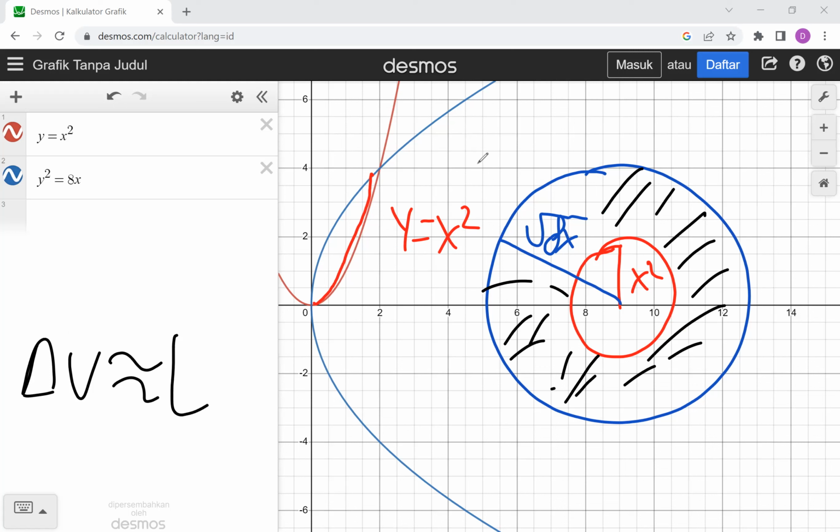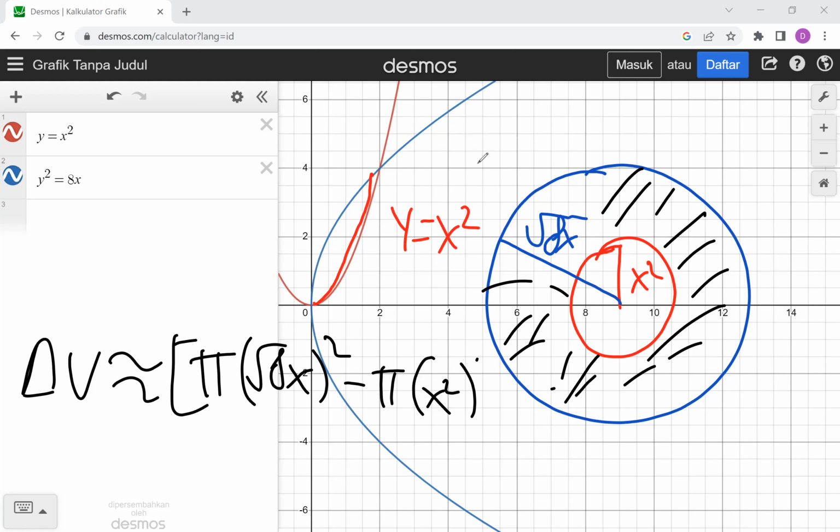So the area of the base will be pi square root of 8x squared minus pi x squared. So just pi, the larger radius squared minus pi smaller radius squared, and then multiplied by the thickness. The thickness is delta x.